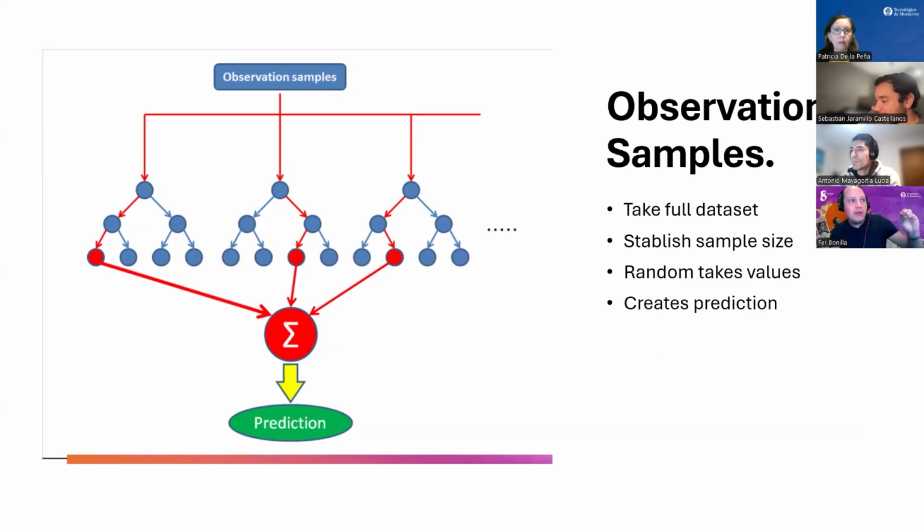So we take a sample, and afterward, we analyze one by one to understand the behavior. It takes the full data set and establishes the sample size. In this case, we said at most 40%. It takes random values out of that 40% and understands the different skills of each one of the data points.